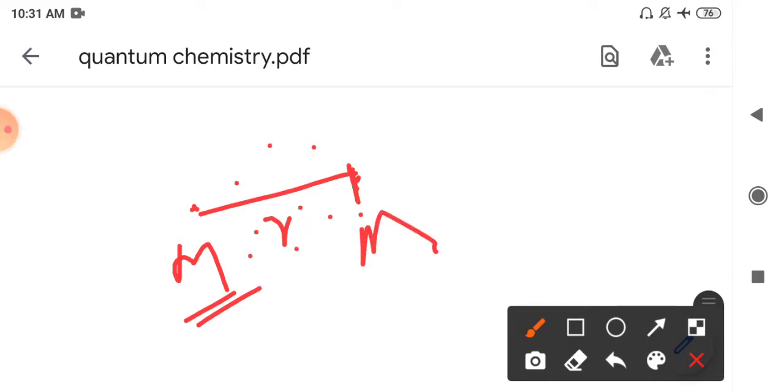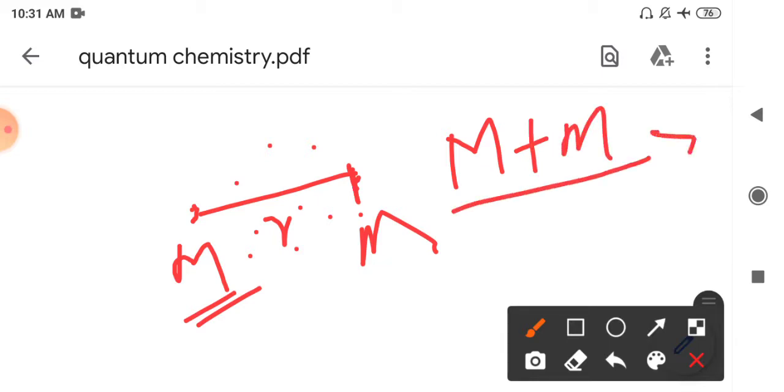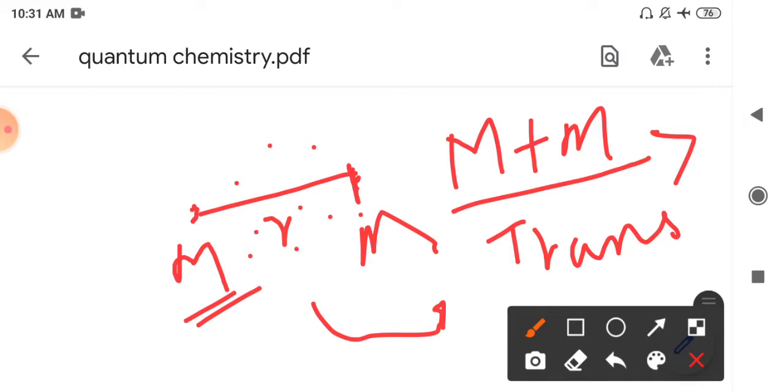So here there are two types of motion. As a whole, this nucleus plus electron can move from this place to some other place. This motion is called the translational motion of the whole atom.